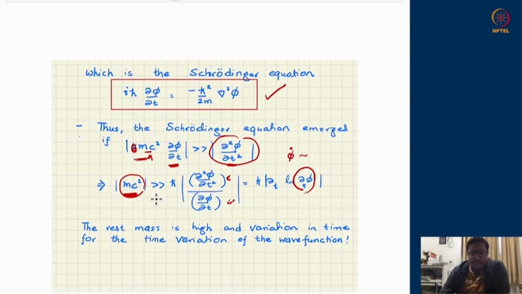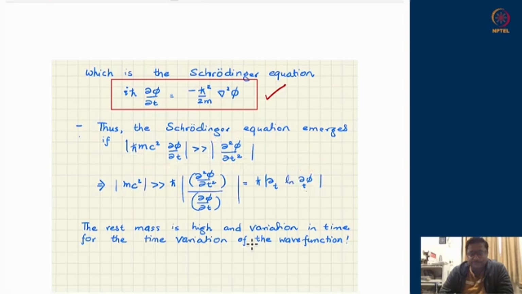Okay. So if the rest mass energy is high, the time variation, meaning the variation in phi dot, del t of phi dot, should be much smaller. For that part of the wave function which does not contain the rest mass energy, in that limit, the function phi dot or phi behaves as the part which satisfies the Schrodinger equation.